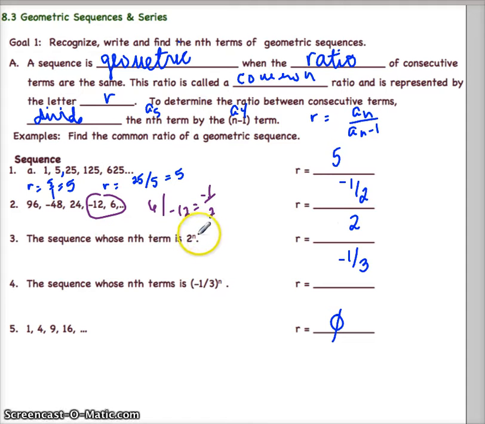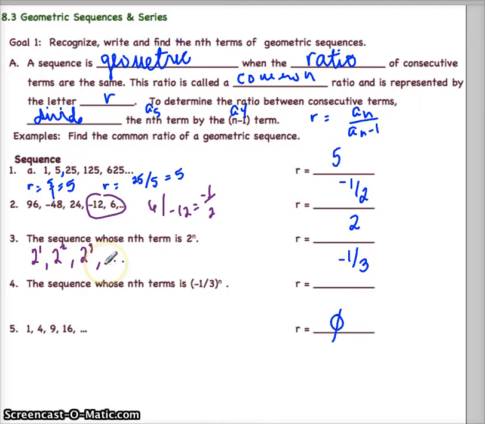Sometimes it's intuitive to look at this and know, oh, this is going to be multiplied by 2 each time to get the next term. But if it's not intuitive to you, because this is a general term, let's find the first few terms. We know that the first term is 2 to the first power. The second term is 2 to the second power. The third term is 2 to the third power, and so on and so forth.